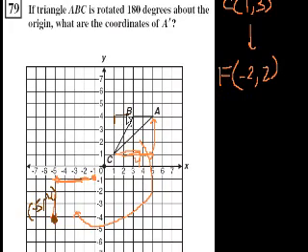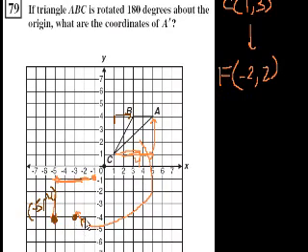So B, you go up 3 and to the right 2. So then you would go from the new C, let me make sure, about the origin. The new B, you'd go 3 down to the left.